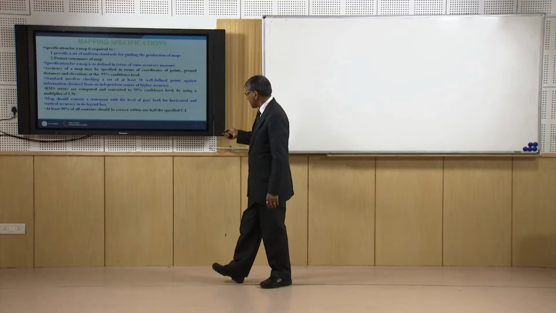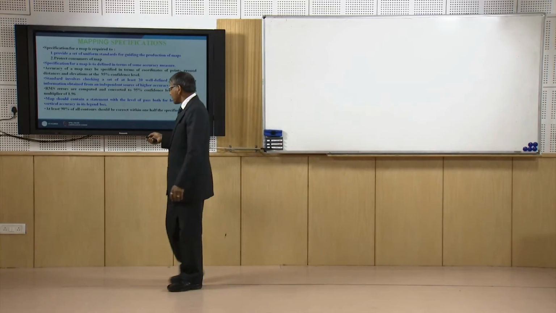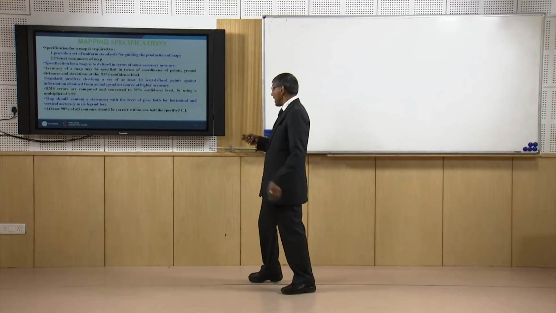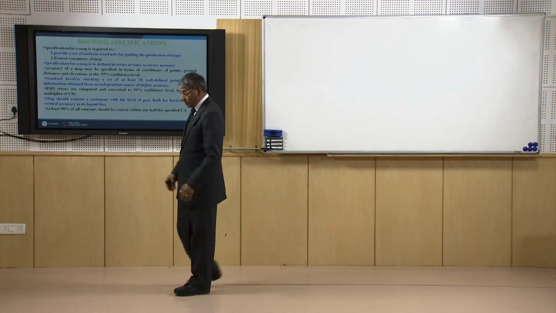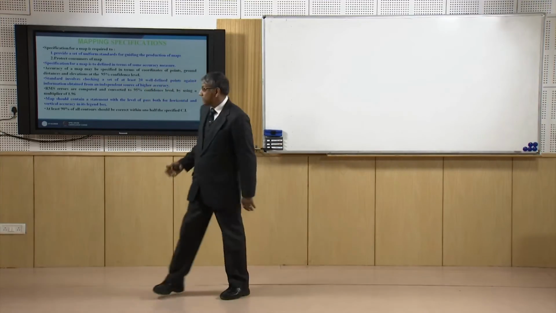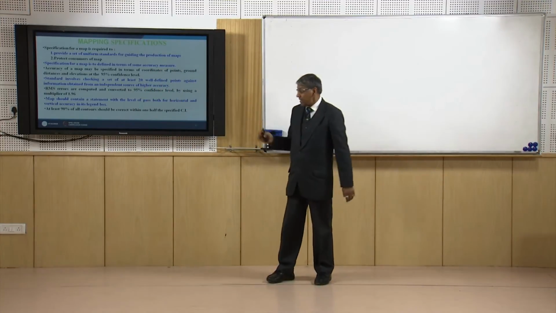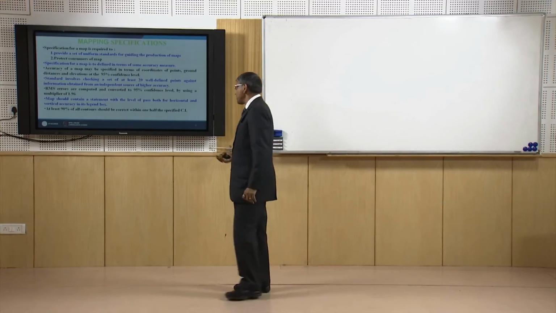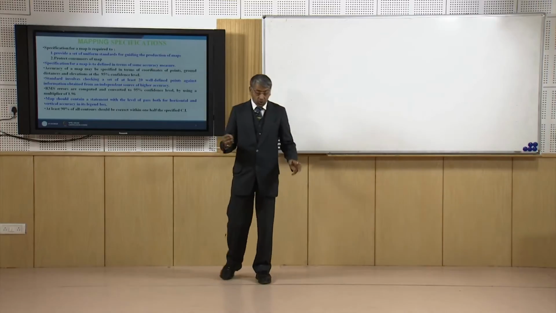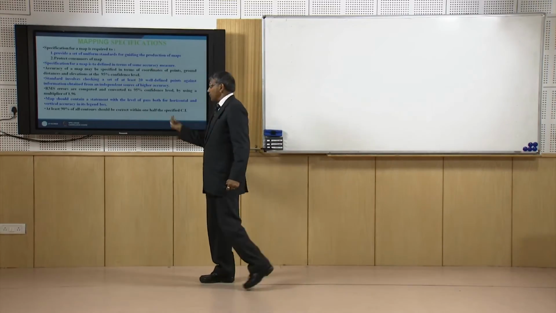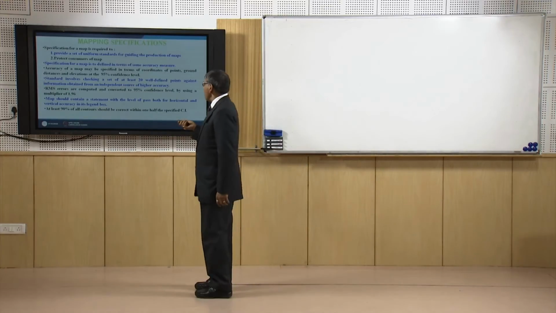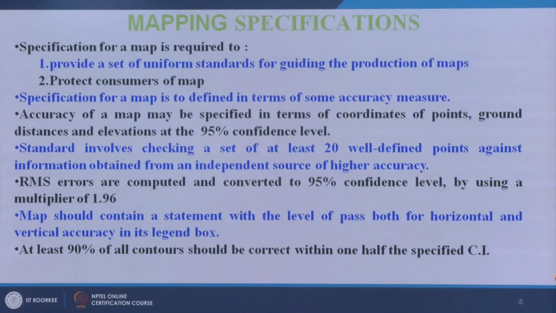So, this is also important: 90% of the contours available within a map should be correct within half of the specified contour interval. When I discussed contours, I already discussed that half of the contour interval is considered to be the standard deviation or standard error of the contours. So, we may allow up to that error for 90% of the contours. So, this is the specification for mapping.